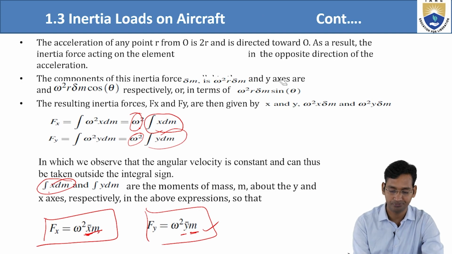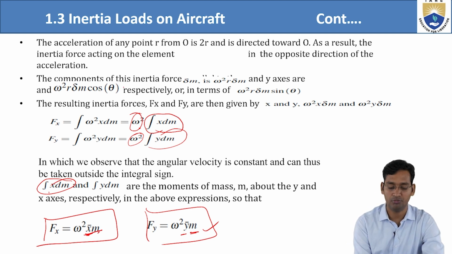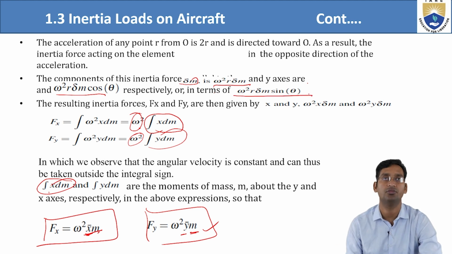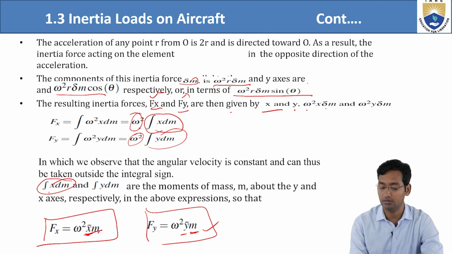Hence the acceleration will be omega square r. The component of this inertia force on delta m is omega square r delta m, and along the x and y axes are omega square r delta m cos theta and, in terms of sin theta, omega square r delta m sin theta respectively. The resulting inertia forces Fx and Fy along the x-axis and y-axis are then given by omega square x into delta m and omega square y into delta m.